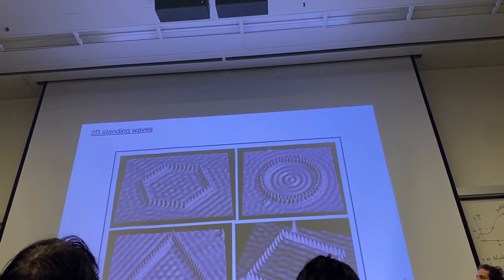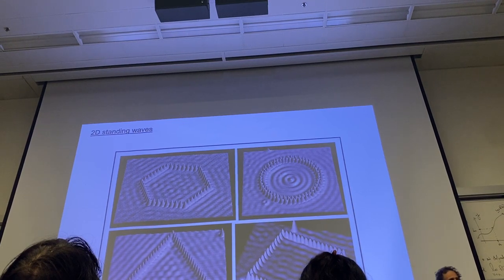And what they've done, they've taken a surface, this is a metal surface, and they make a certain shape of individual atoms that they put in a kind of fence that they create. So on the top, you see this very nice hexagon, circle, triangle, and here a square, where every little pointy thing here is an individual atom that sits on the surface.